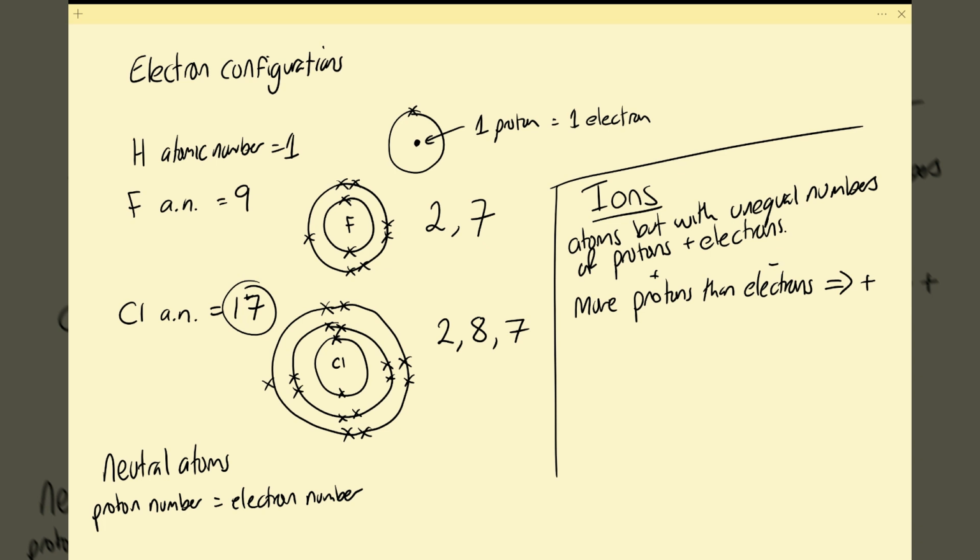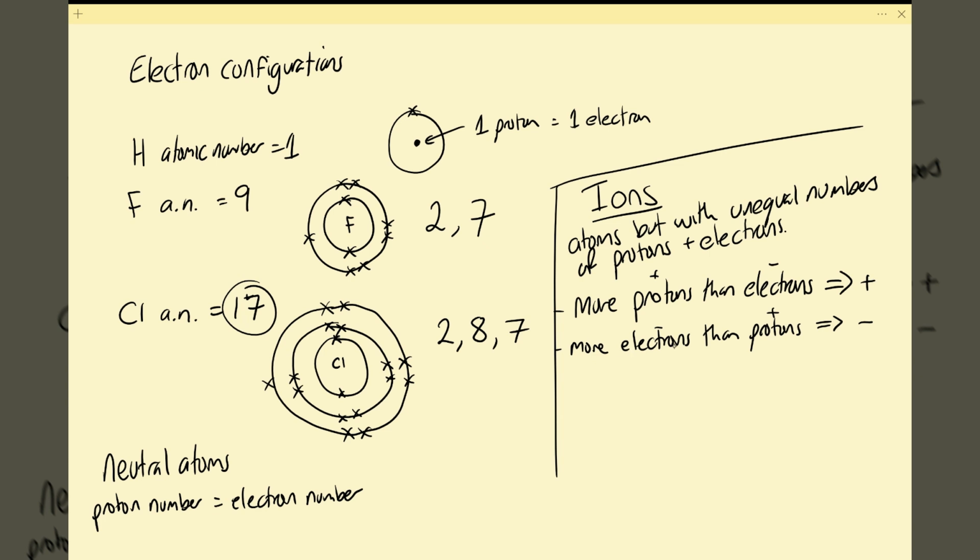If we have more positives than negatives, we have a positive ion. If we have more electrons than protons, we have a negative ion because there's more negative charges than positive charges. However many extra protons than electrons there are will tell us how big that charge is, so +1 or +2 or +3.